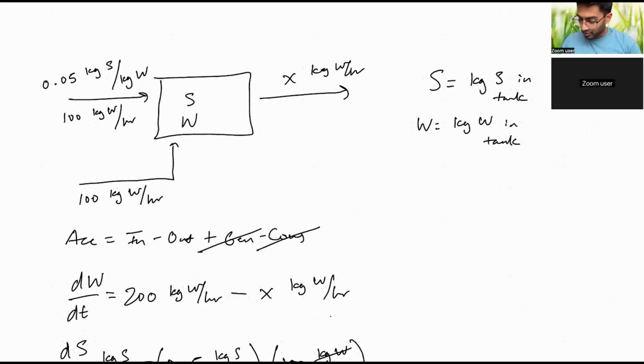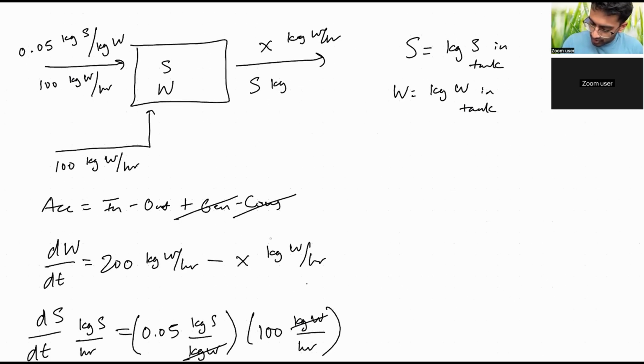Then we think about what's coming out. Now, what's the concentration coming out? Well, since we assumed it's well mixed, the concentration coming out is going to be the concentration in the tank. So we have S kg salt per W kg water.